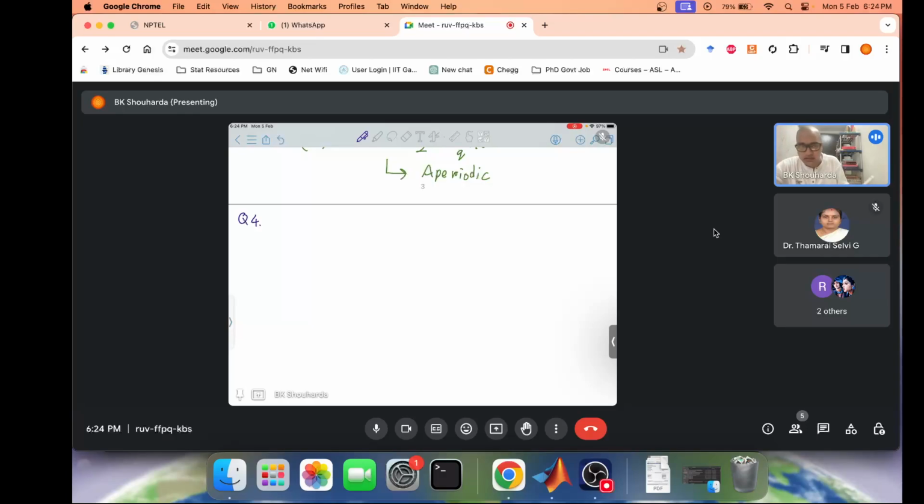Now moving on to the next question. If x of t is a sawtooth signal with a period of 1 nanosecond, what will be the period of x of 5t?